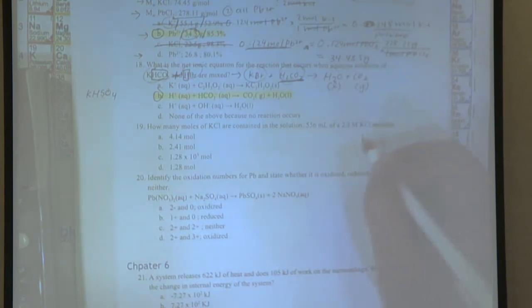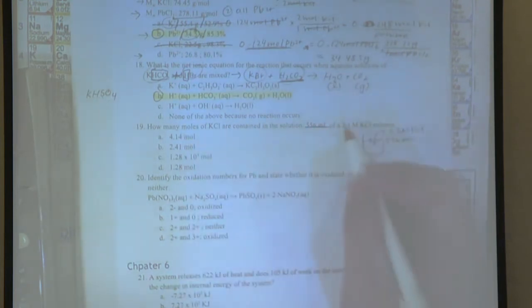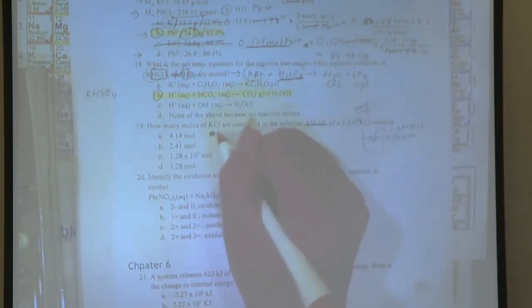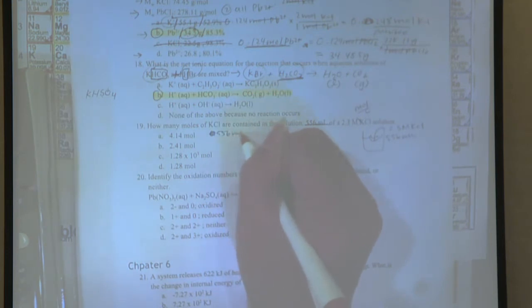How many moles of KCl are contained in this solution? And they just give you a situation. So you have 556 mL, and then you have in here a 2.3 M KCl solution. Well, first thing I would do is turn this into liters because we're working with a unit that is moles per liter, right? So 556 mL. For every 1 liter, there are 1,000 milliliters.